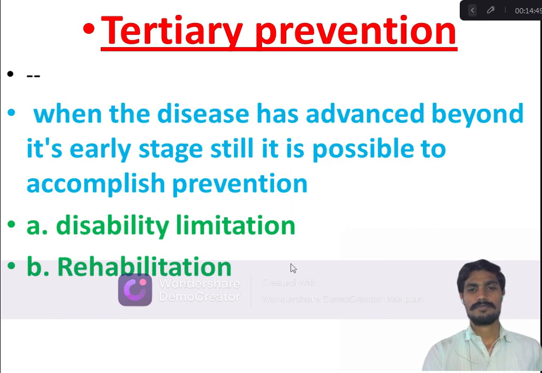Next, rehabilitation means, if the person has lost something due to any type of disease, you can rehabilitate him. There are so many types of rehabilitation, such as vocational rehabilitation, functional rehabilitation, physical rehabilitation, emotional rehabilitation, social rehabilitation. By following all these rehabilitation procedures, you can help him to start a new life.